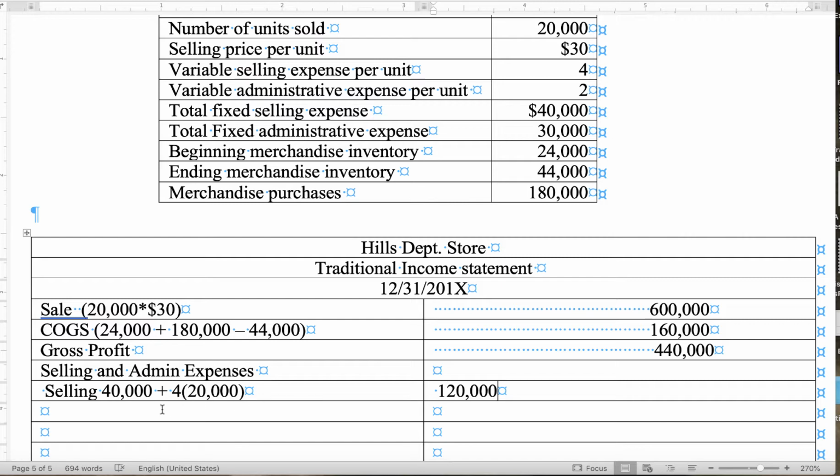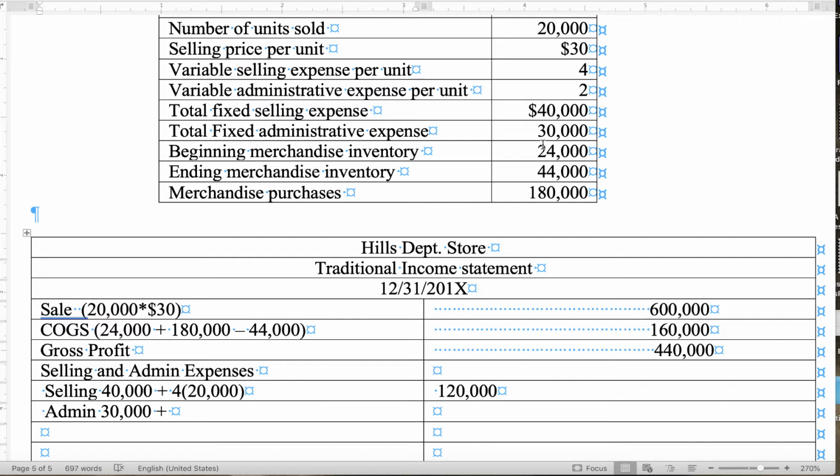Okay. I need to do the same thing for administrative. Administrative expenses, the fixed portion of that is $30,000. So I'm going to take my 30,000 plus, to my fixed portion I need to add the total variable.